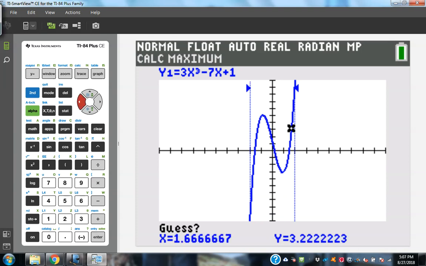I'm just going to press the left key until I get close to that peak. Hit enter. And it tells me that the maximum is at this ordered pair, -0.88, 5.12, rounded to 2 decimal places.